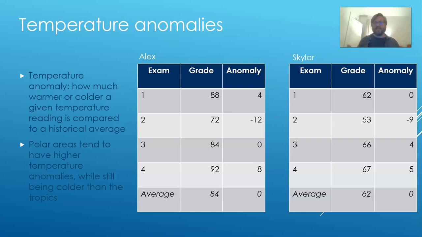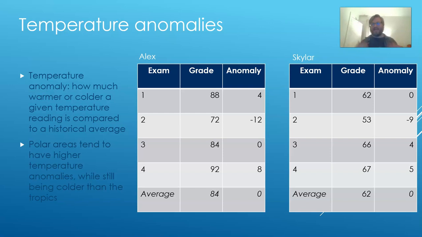So a temperature anomaly is how much warmer or colder a given temperature is as compared to a historical average. So we have an average temperature, whether that's a global average temperature or average temperature for a particular place, and then we compare the current temperature to it, and however much warmer or colder it is relative to that average, that's the temperature anomaly.